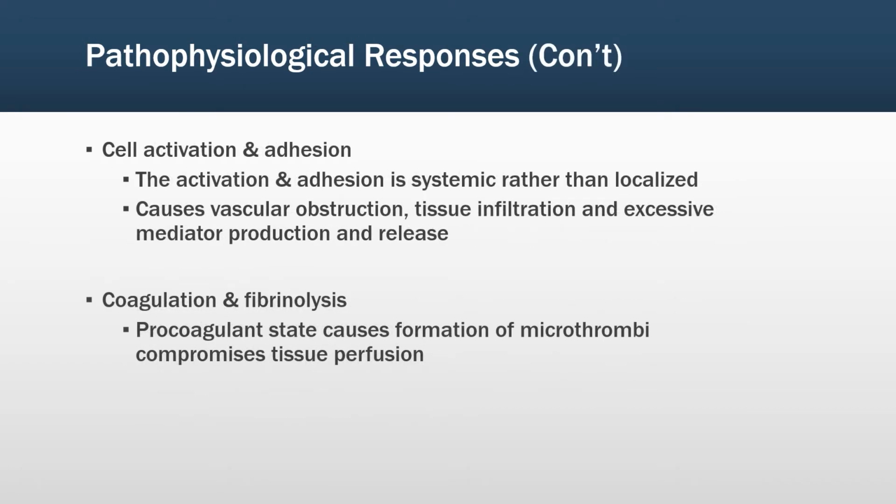We also see systemic cellular activation leading to vascular obstruction, tissue infiltration, and excessive mediator production and release. Lastly, the hemostatic system of the body favors a procoagulant state, causing the formation of microthrombi, compromising tissue perfusion and consuming clotting factors.